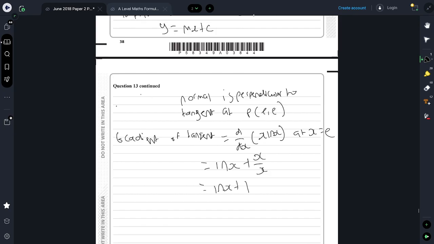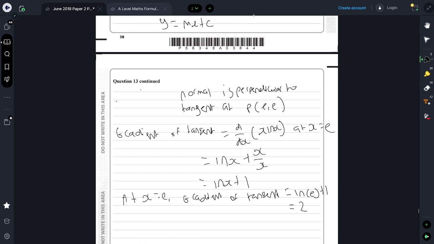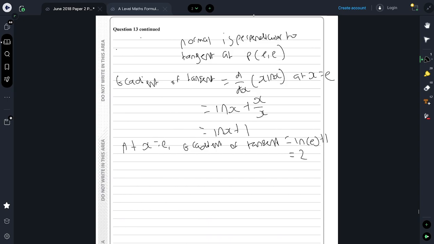Then at x equals E, the gradient of the tangent is ln E plus 1. ln E is 1, and 1 plus 1 is 2. You can put that into the calculator.